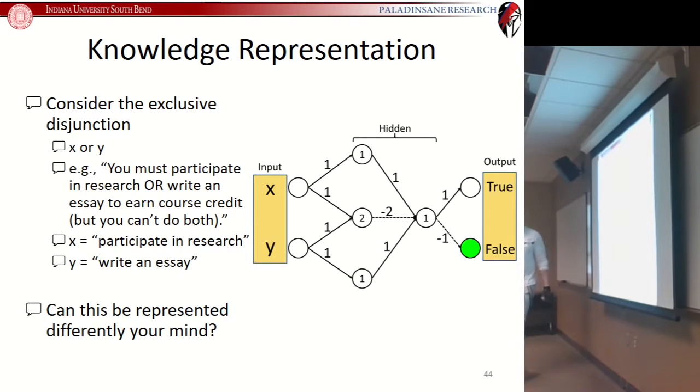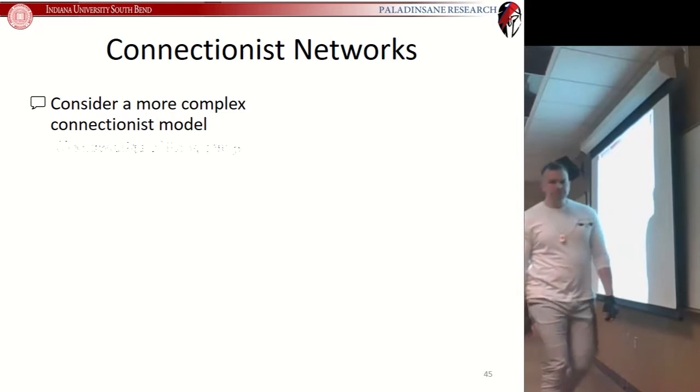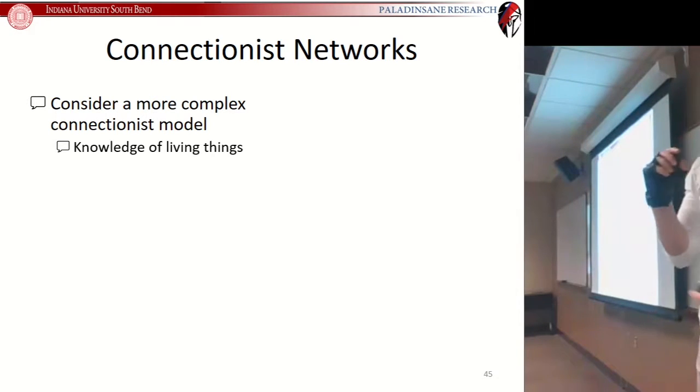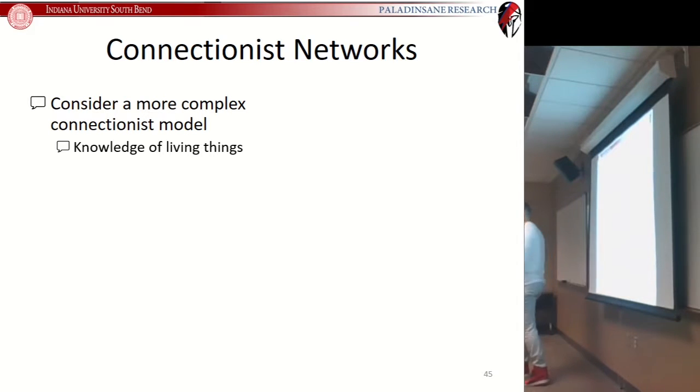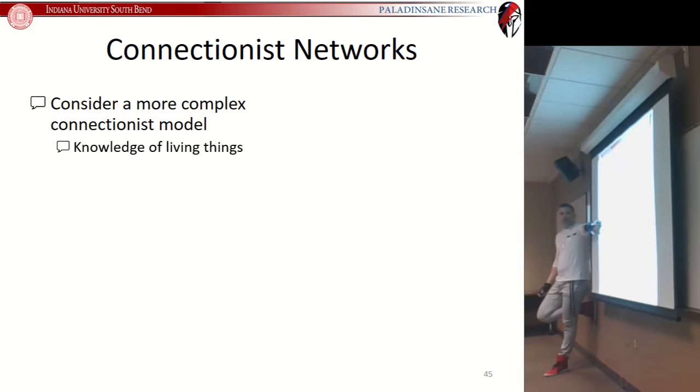All righty. So let's take a look at a little bit more of a complex model. So this is going to be the knowledge of living things. All right, so we're going to up the complexity just a little bit here. And just so you know how many calculations are needed in an actual connectionist network. When I was doing my graduate work at the University of Toronto, they were a hotbed of connectionist research in psychology.